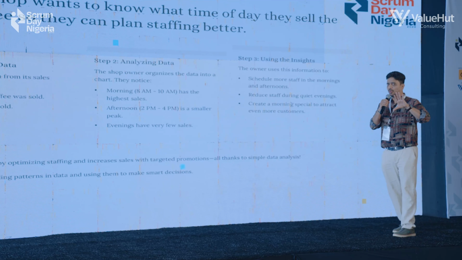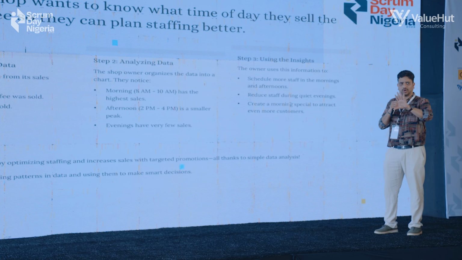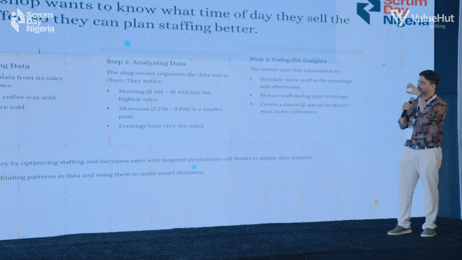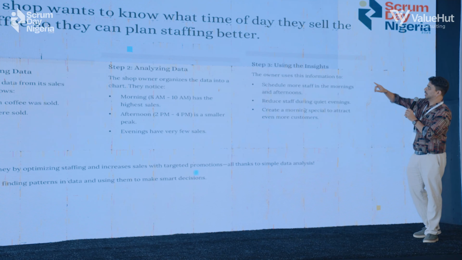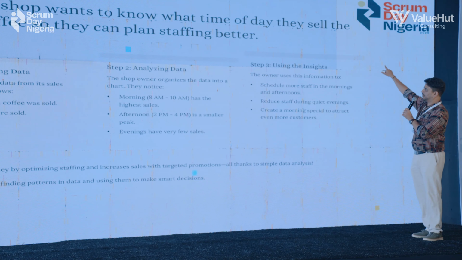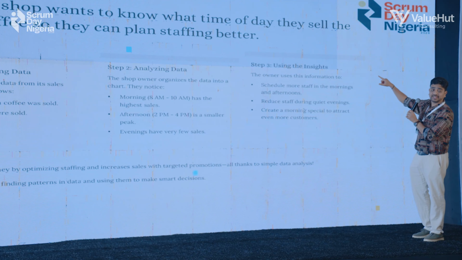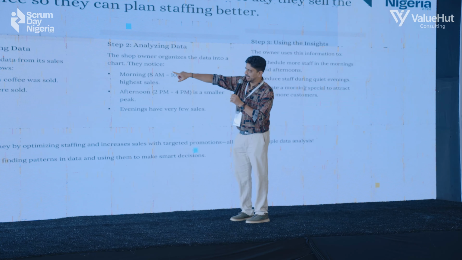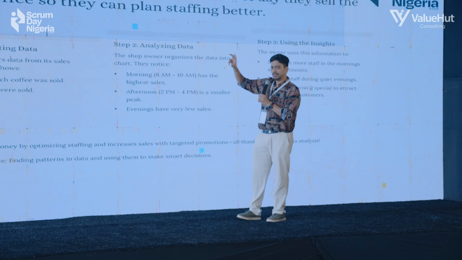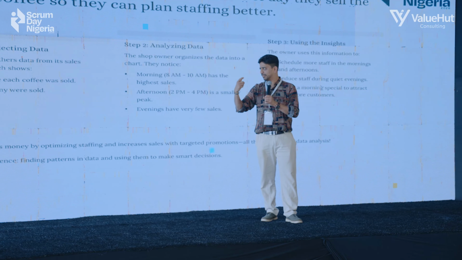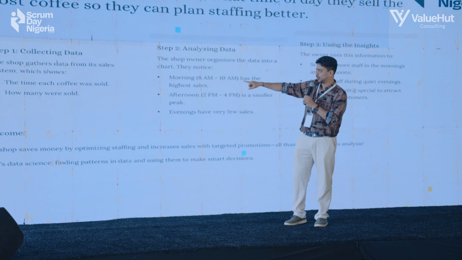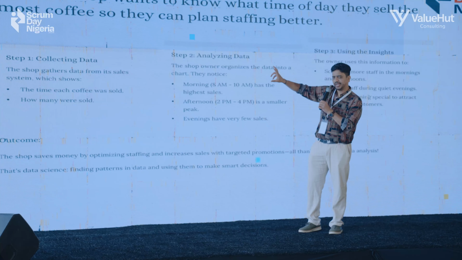So do you know how Starbucks or some of the leading coffee shop companies monitor the staffing levels? A coffee shop wants to know what time of the day they sell the most coffee so they can plan the staffing better. The first step always involves collecting the data. From the point of sale software, every time a coffee was sold and how many was sold, the data is recorded.